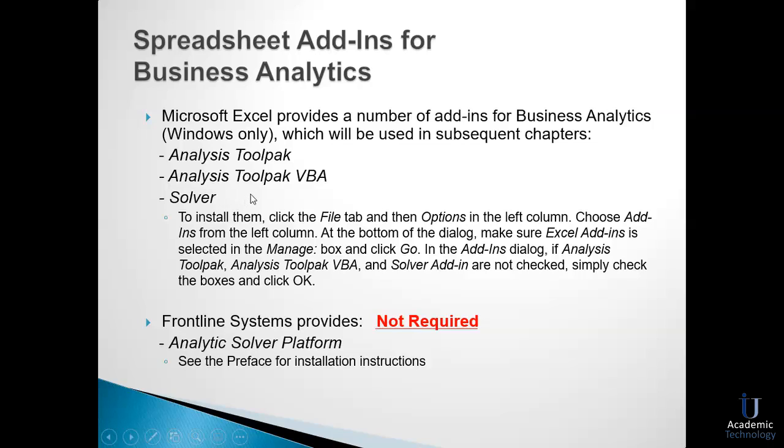The instructions for how to add in those items are located on page 50 in Chapter 2, as well as a short explanation here. The textbook also references another software called Analytical Solver Platform. It's a third-party software outside of Microsoft Excel. That is not required for this course, so don't worry about trying to find that or figure out how to download it. You will not need it for this course.